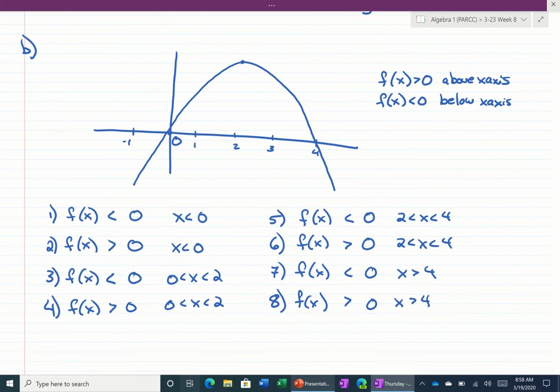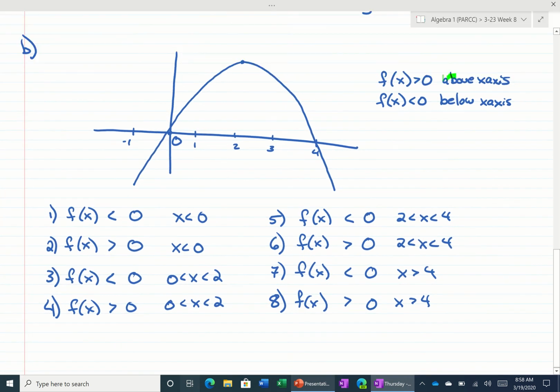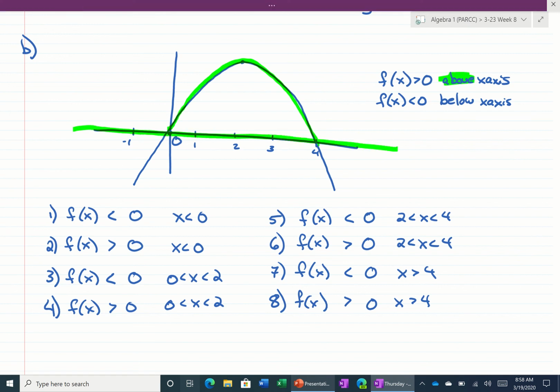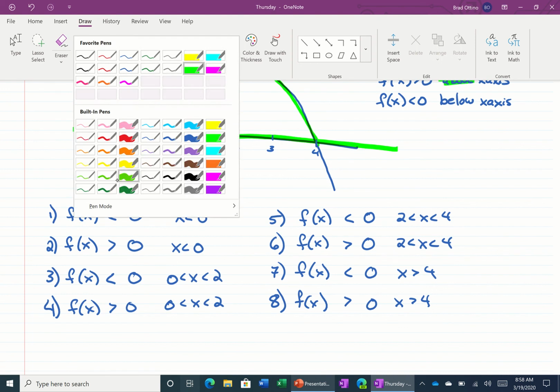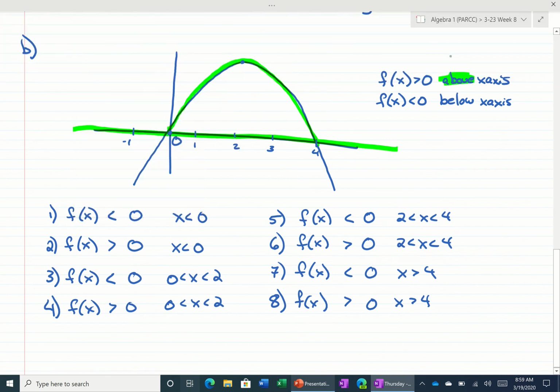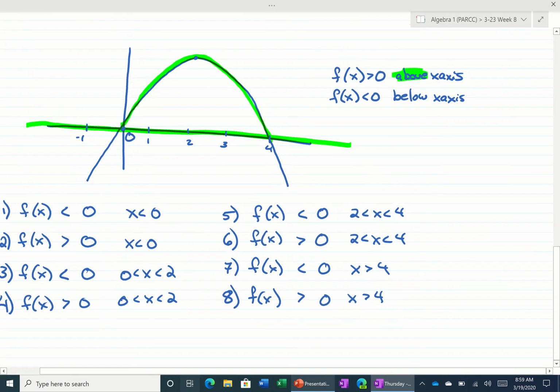It looks like the graph is above the x-axis right here. Here's the x-axis, and the graph is above it in that green portion. And it looks like that's going to happen when x is between 0 and 4.